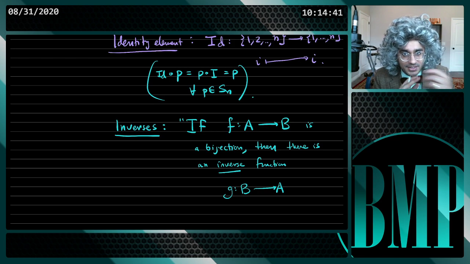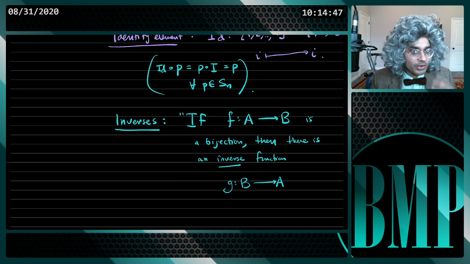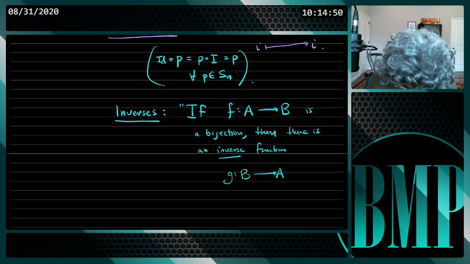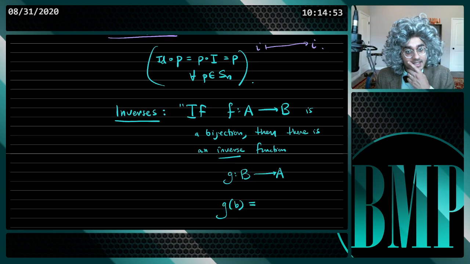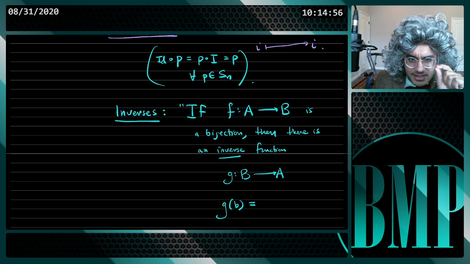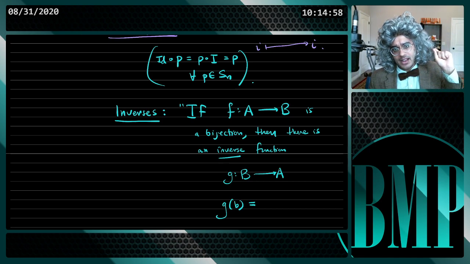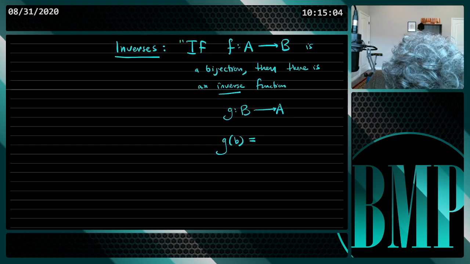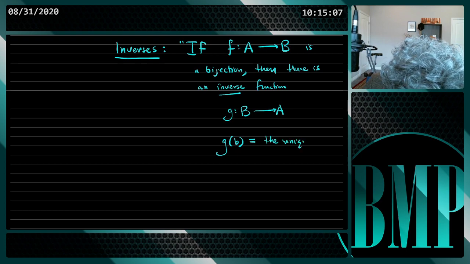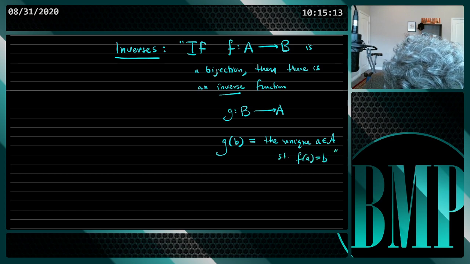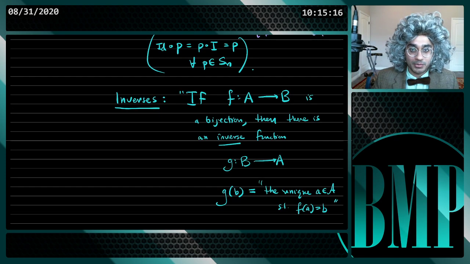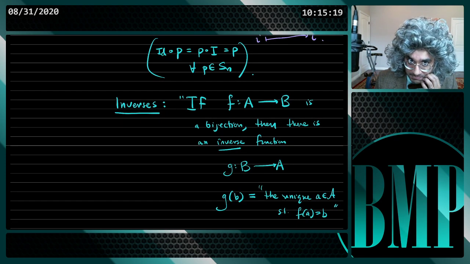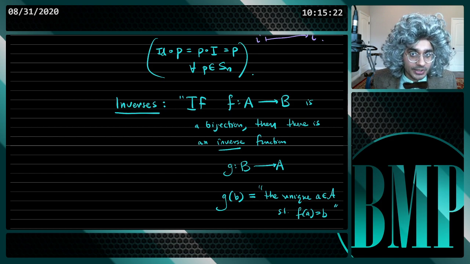When you compose both ways, you get identity on A and on B. All right, how do you define this inverse? G of an element b is the unique element that was sent to b under f. That's always available. When you have a bijection, you can undo it with a function. And this is the recipe for that undoing function.